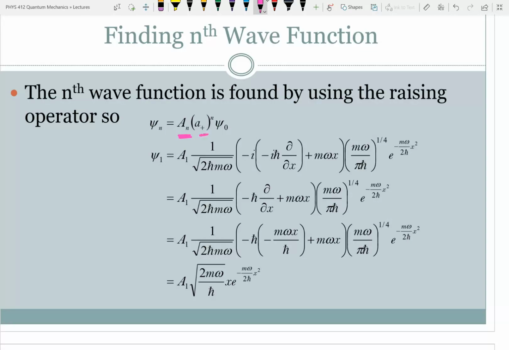And then I'm just going to apply the A plus operator to the nth power, n number of times, to raise it to the nth state. So in your homework problem, you have to find the fourth state for n equals 4, which may be going a little far. You're finding the Hermite polynomials, by the way, in case you want to check your answer. I'm sure you can just look up the fourth, but I want you to show going through the steps to build yourself up.